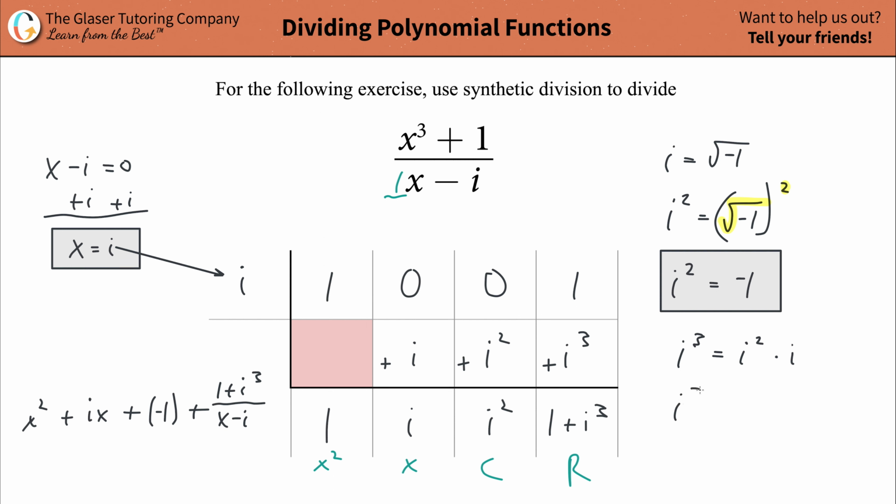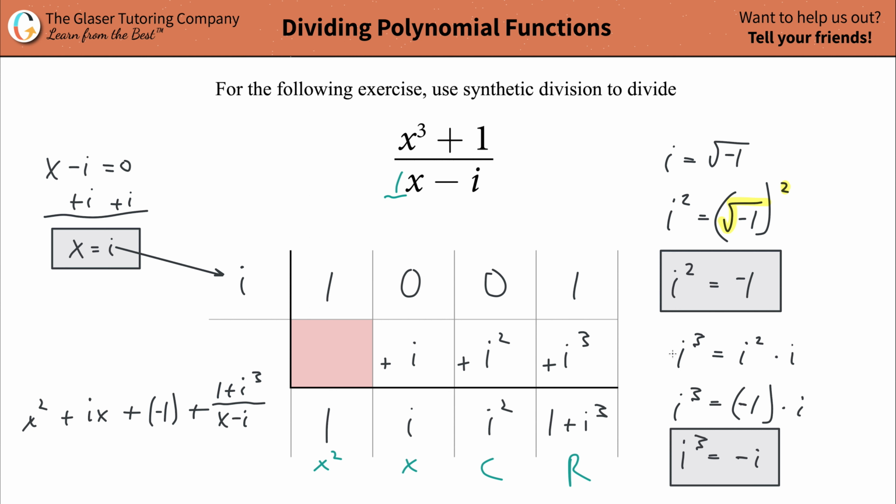So i cubed is going to be equal to negative 1 multiplied then by i. And what's i defined to be? Well, it's simply radical negative 1. Now, you don't have to write the radical negative 1 out because, as you can already see, you can't really simplify it. You can't do any math there. So I'm just going to leave it as i. And then, cleaning that up a little bit, this just works out to be now negative i. So i cubed is equal to negative i.